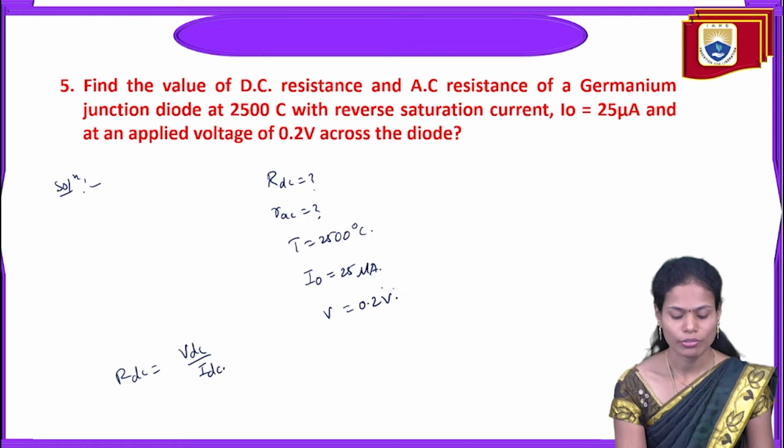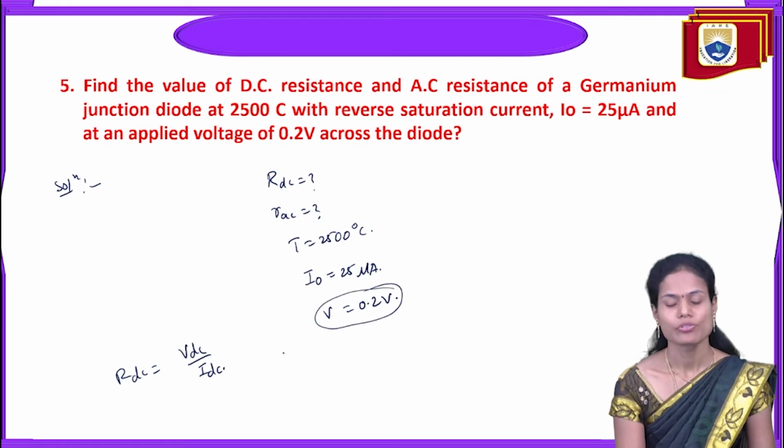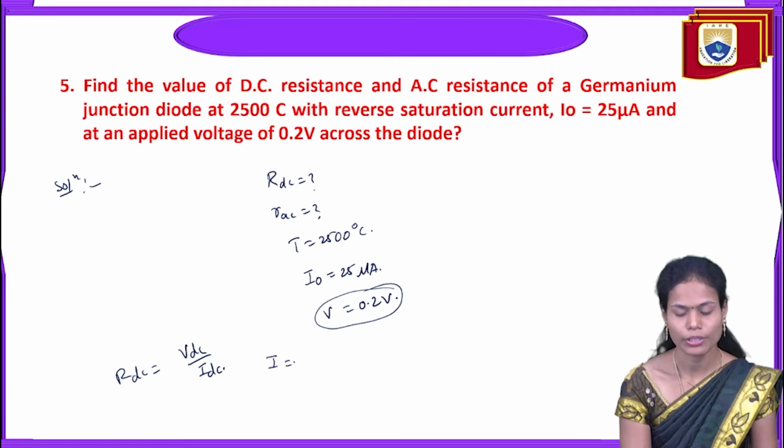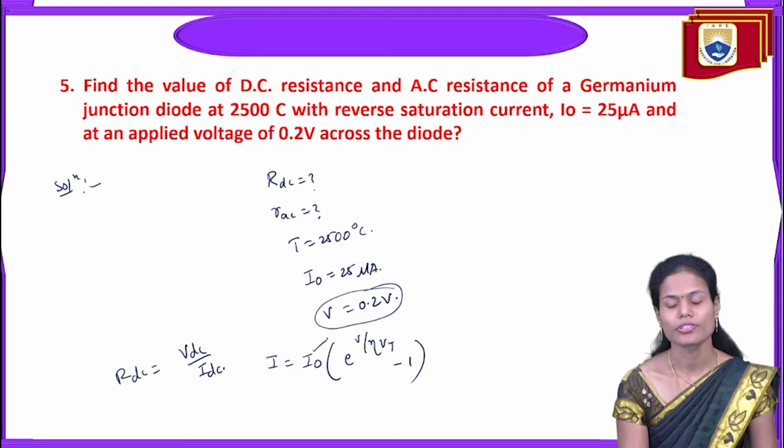This VF value is already given. The current IDC we can calculate using the formula I equal to I naught into e power V by eta Vt minus 1. Here the I naught value is given. Eta for germanium is 1, and 2 for silicon.